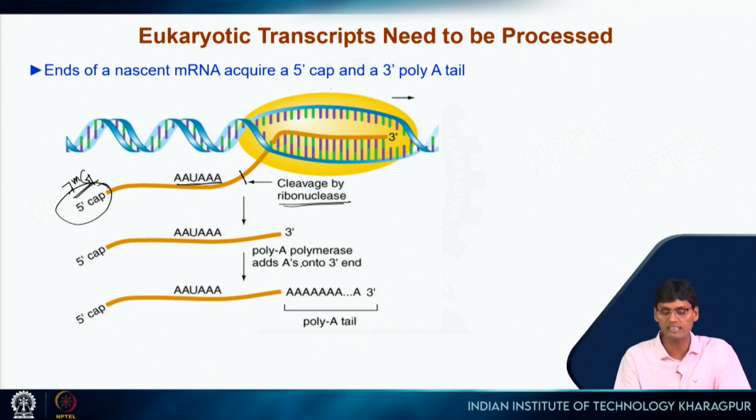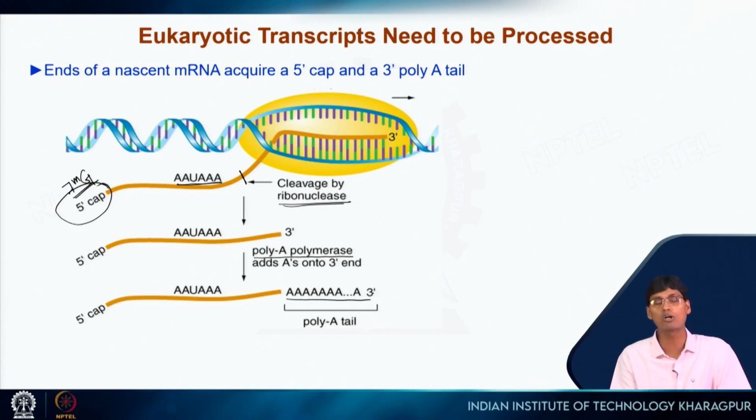As you can see here, followed by some special things that happen in case of eukaryotic mRNA, one enzyme is called poly-A polymerase. From the name itself we can say what is the function of this enzyme. As a result, it will add only A residues at the 3 prime end of this mRNA.